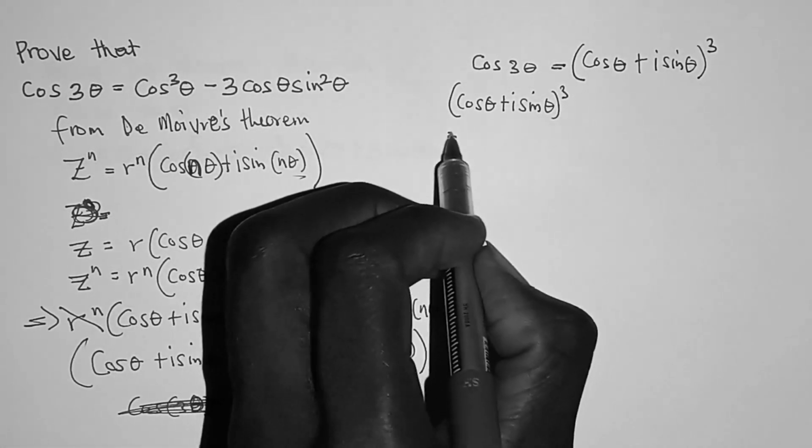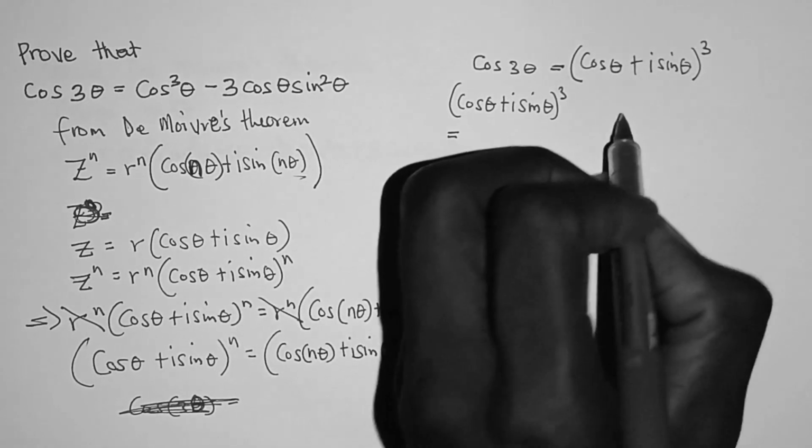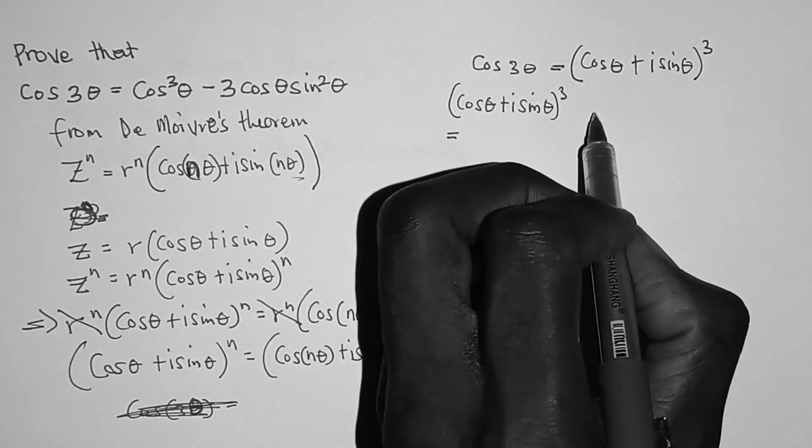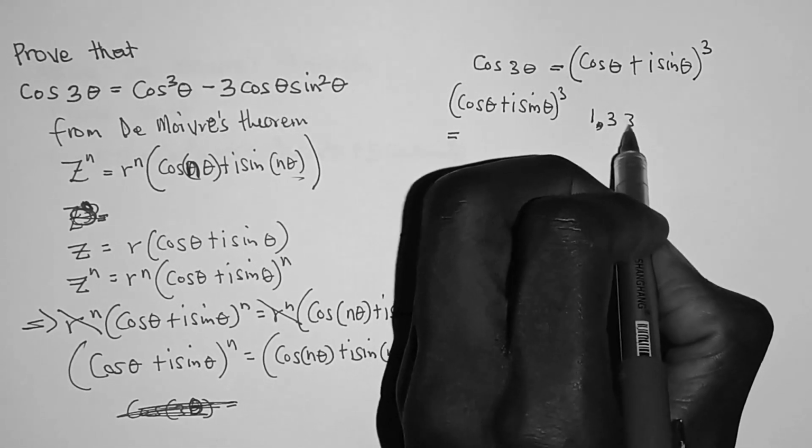So this is equal to, using Pascal's triangle, the factors are going to be 1, 3, 3, 1.